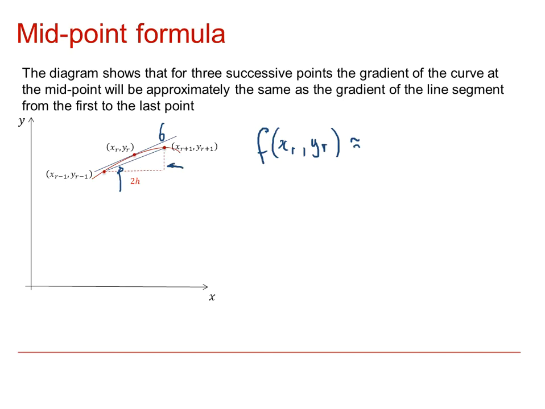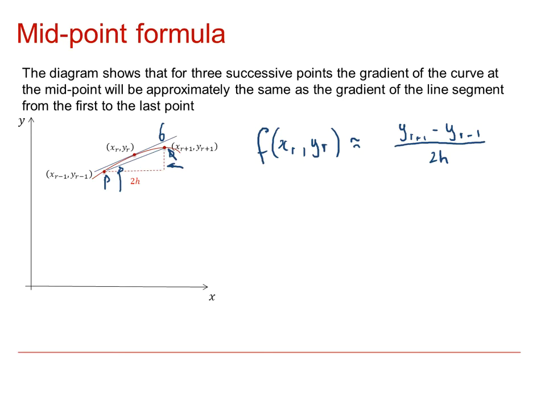Now the height of the triangle will be yr plus 1 minus yr minus 1, so that's from the start point to the end point, divided by the length of the interval. This time the length of the interval is going to be 2h.